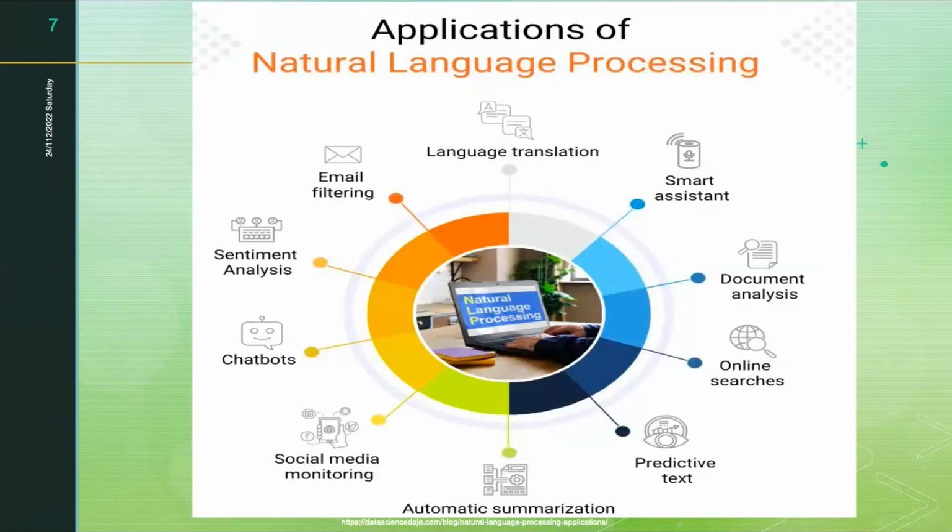Language translation, like how Google Translate works, tries to convert one form of language into another. The smart assistants, the document analyzer, and predictive text. So given a certain text, there can be multiple applications of how we can use machine learning models to extract information out of it.